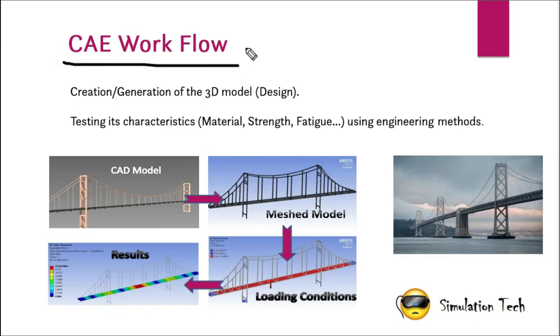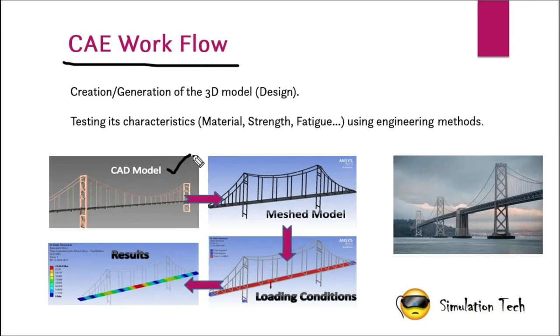First of all, whatever the problem may be, this procedure will not change. This is a very standard method to solve any CAE problem, independent of any CAE software. We have a lot of CAE software, such as ANSYS, HyperMesh, LS-DYNA, but the method is the same.